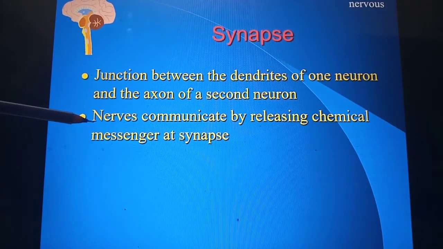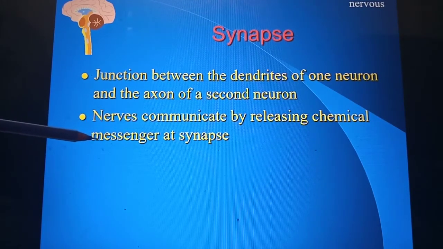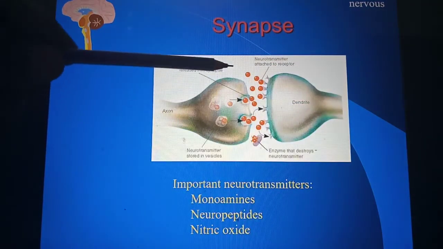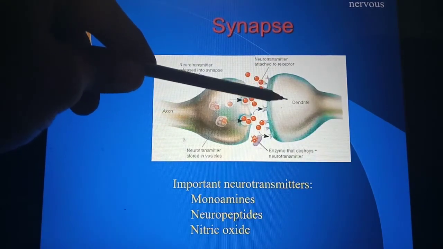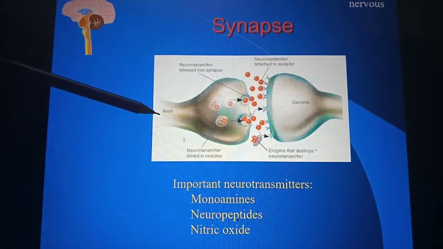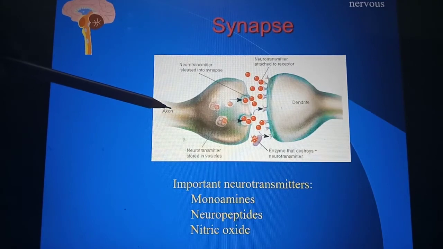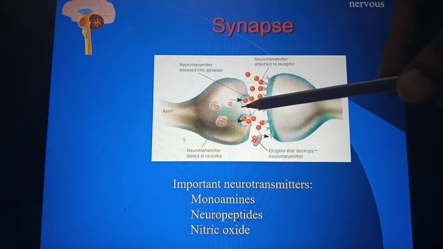Nerves communicate by releasing chemical messengers at the synapse. These chemical messengers are called neurotransmitters, which we will again see in one or two slides. The chemicals which are released at the synapse are called neurotransmitters. So here is the dendrite of one neuron, here is the axon of the other neuron. So the information is passed on from the dendrite to the axon.